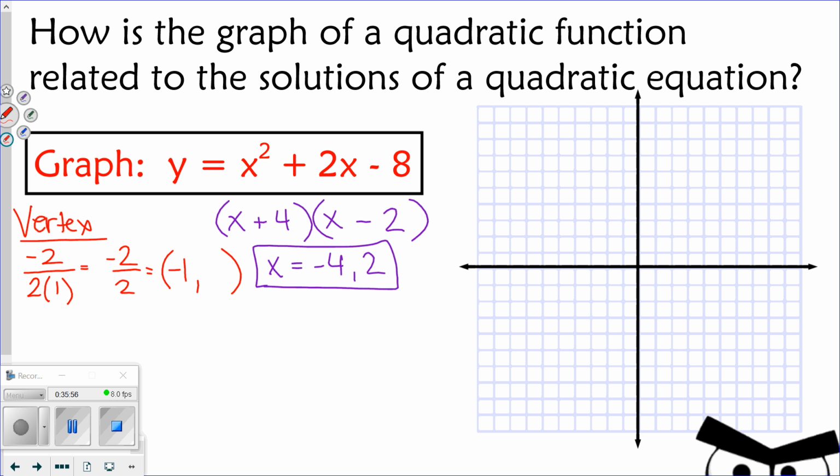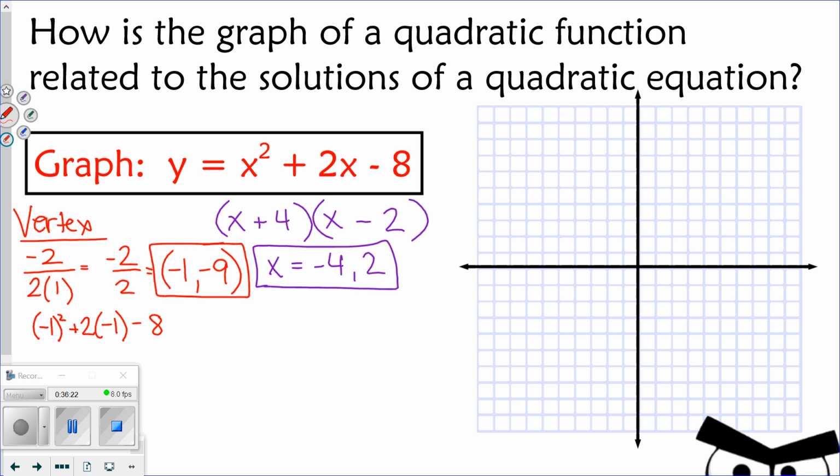Then to find the other part of the vertex, plug it back in. So -1 squared, make sure you put those in parentheses, plus 2 times -1 minus 8. We get -9.